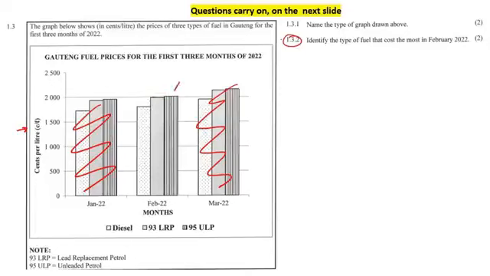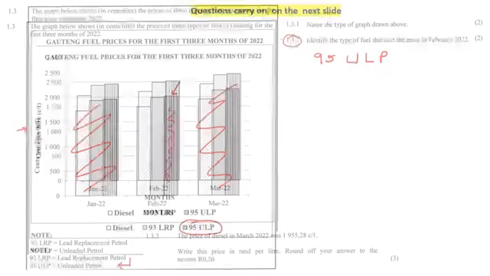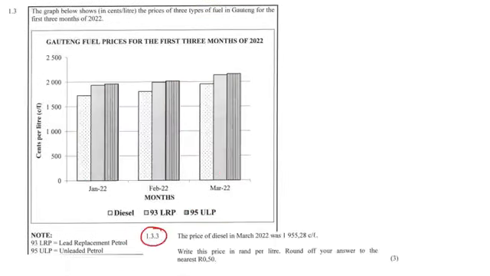I think it should be clear to see that that one is higher, but wow, they could have made it a little bit more of a gap. But anyways, it's going to be this one. Now, that one is called 95 ULP. So we're just going to say 95 ULP. Of course, you could be fancy and use the key that they've given you here, and you could say 95 unleaded petrol.